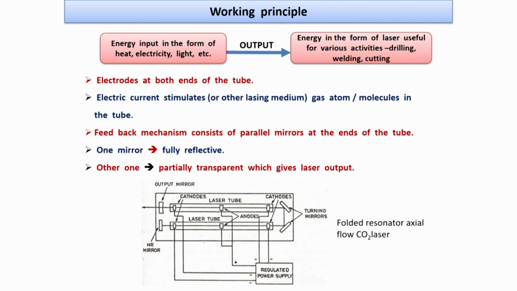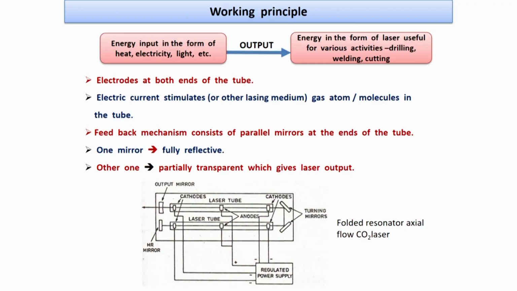This energy from the laser medium comes outside as a laser beam, which is useful for machining activities like drilling, welding, cutting, soldering, heat treatment, hardening of workpiece material and many other things.